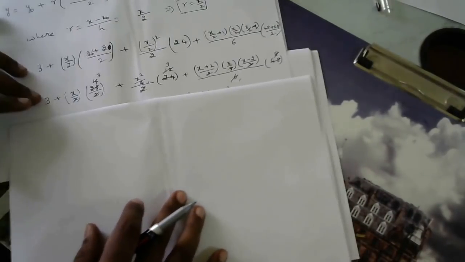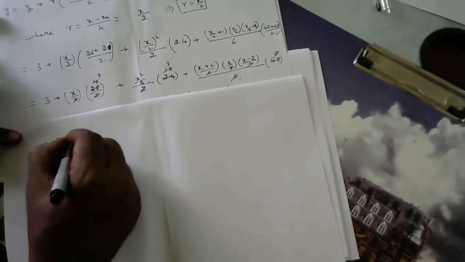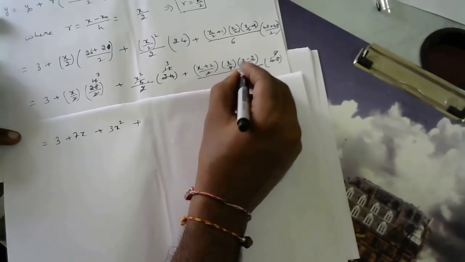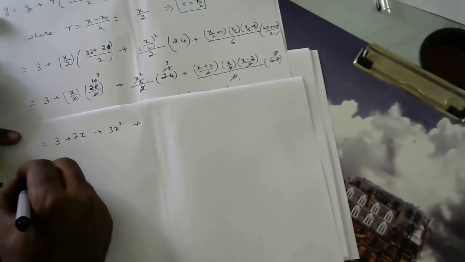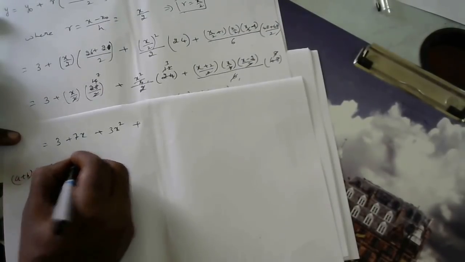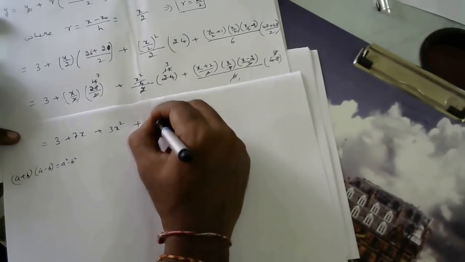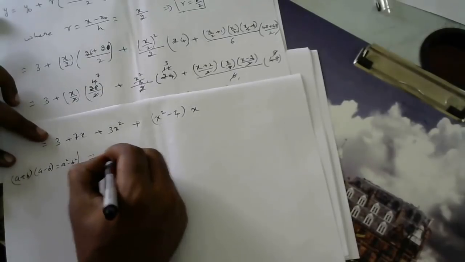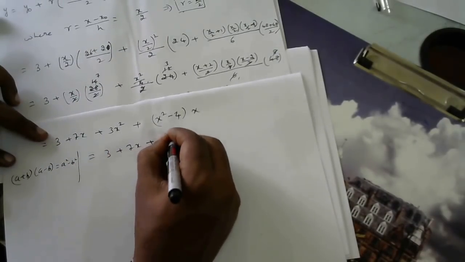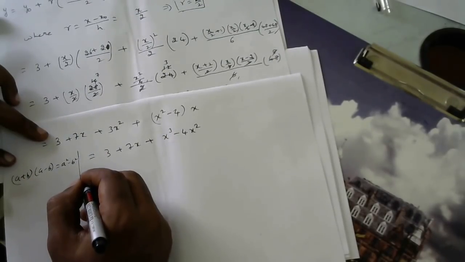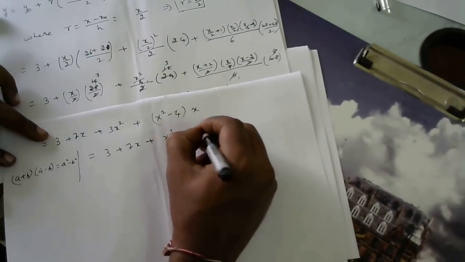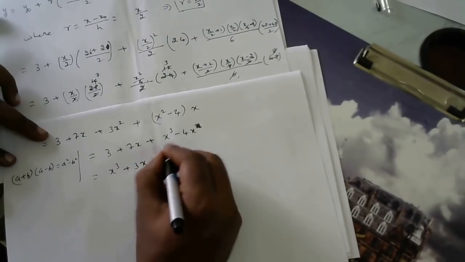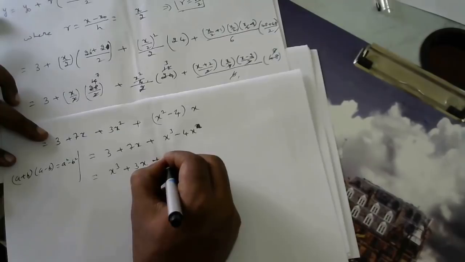So what do you get? 3 plus 7x plus 3x square plus x plus 2 into x minus 2, which becomes a plus b into a minus b, so we get a square minus b square, that is x square minus 4, into x. So now we have 3 plus 7x plus x cube minus 4x, sorry, 4x. Now here, x cube plus 3x square plus 3x plus 3 is the answer.